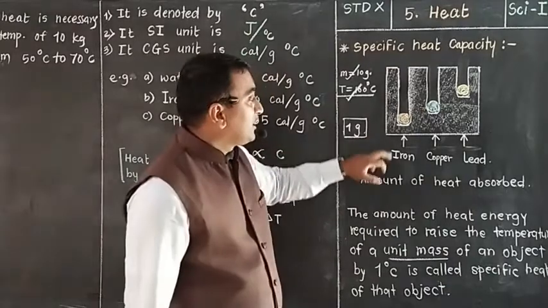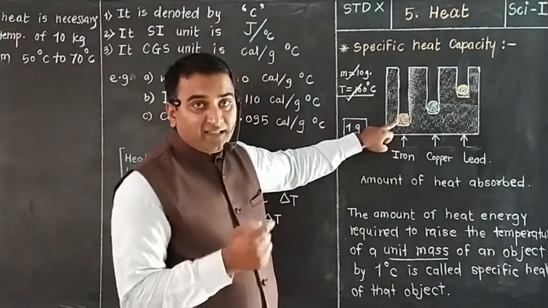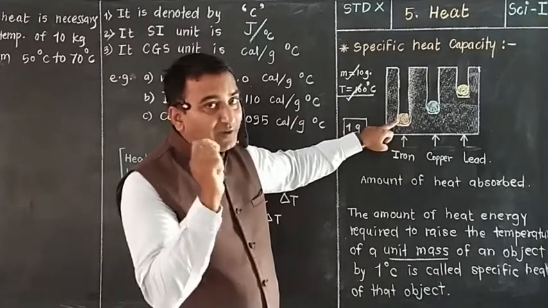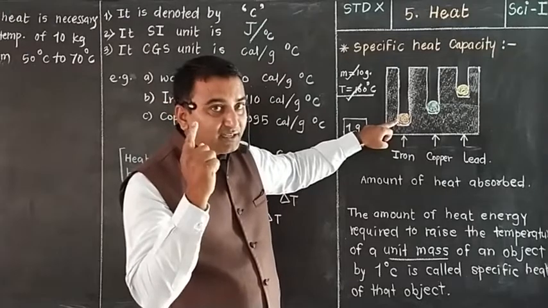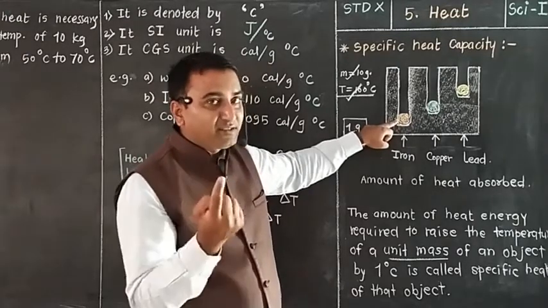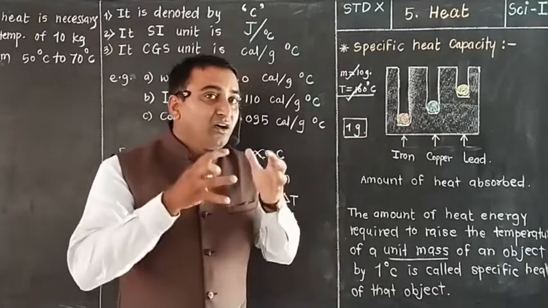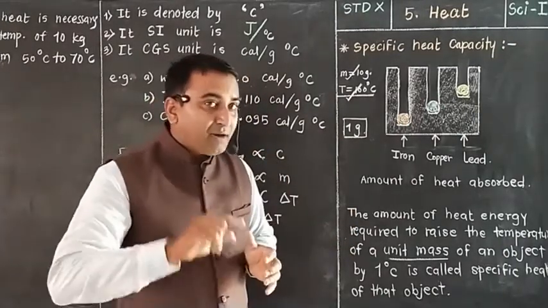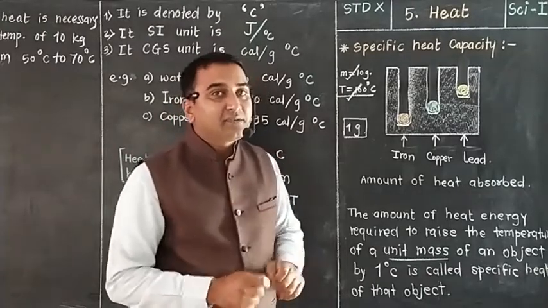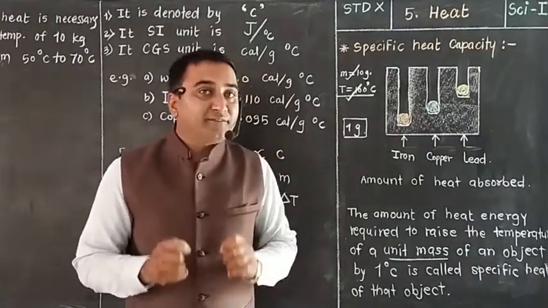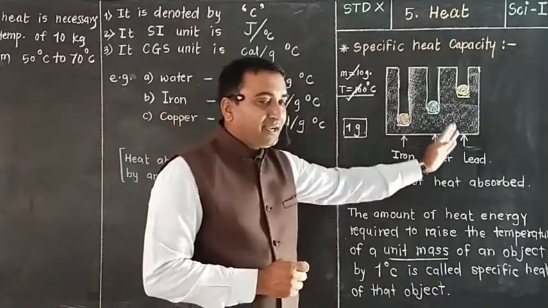That means if you take 1 gram of iron and the existing temperature is 20 degrees Celsius, you want to raise the temperature by 1 degree, that means 20 to 21. How much heat is required to raise the temperature of that 1 gram of iron by 1 degree Celsius? That amount of heat is nothing but the specific heat capacity of that iron. And what is true with iron is true with copper and lead.